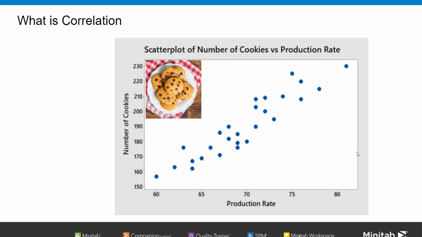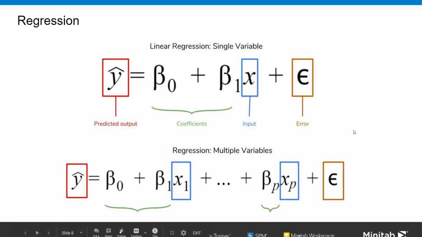Now once we know that two things are correlated, it leads us to regression. A regression is an equation to describe the statistical relationship between one or more predictors and the response variables to predict the new observations.